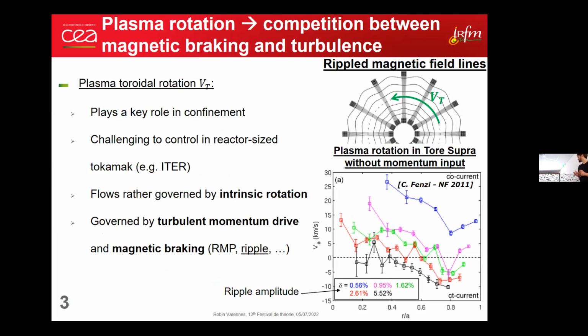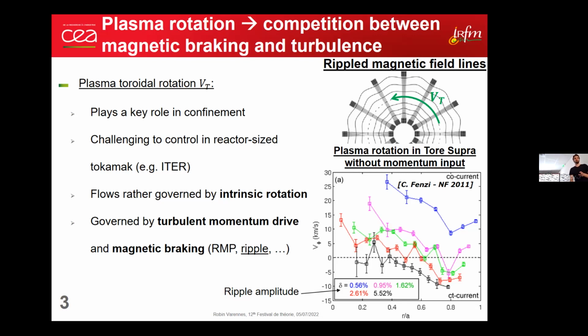Yes, actually, it's pretty similar. So here I use ripple because it's most simple for many cases, but you can basically have any kind of perturbation. Okay, so then my question is, we can think about the means of control by a 3D perturbation on the momentum drive, and then the ripple, does this provide a way to enhance this control or the other direction?